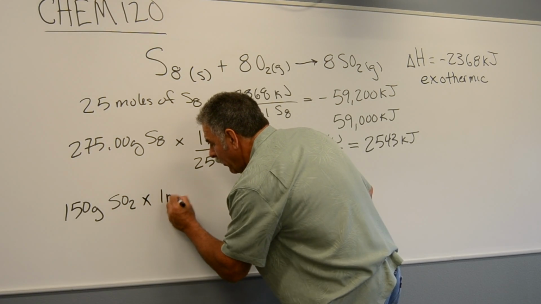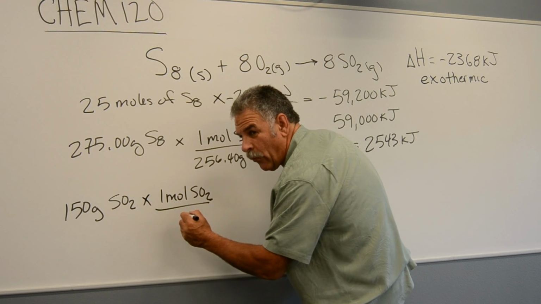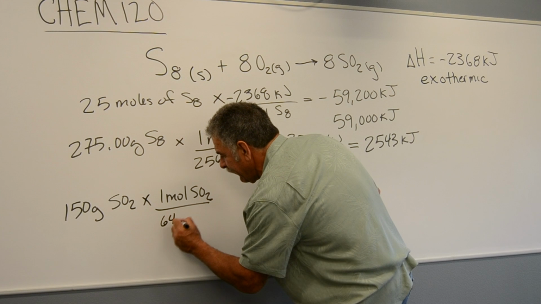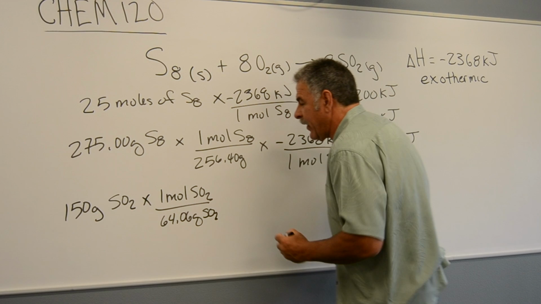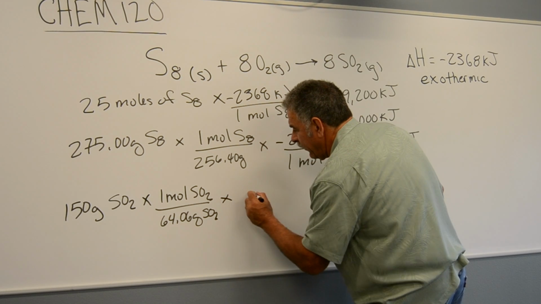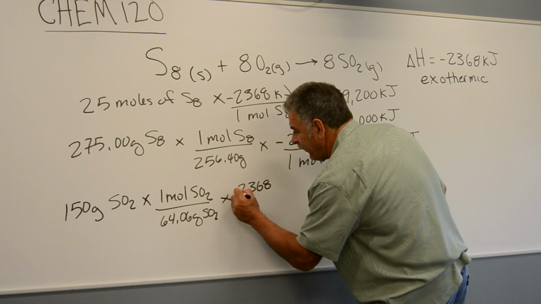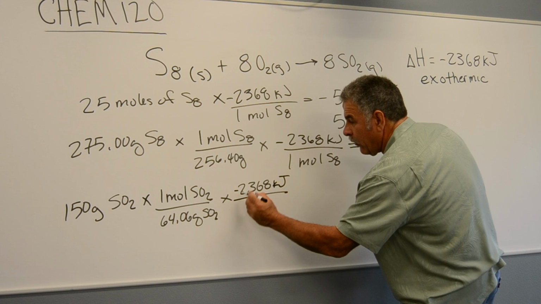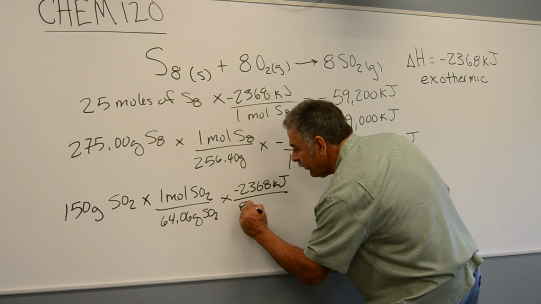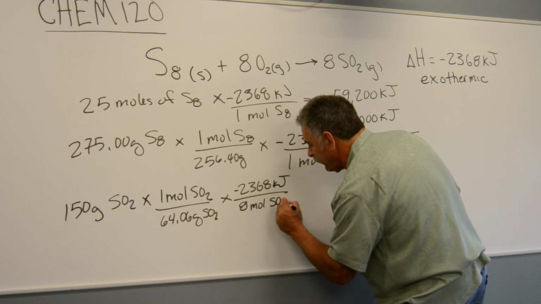So 1 mole of SO2 is 64.06 grams of SO2. And now we do the conversion factor. 2368, and remember it's exothermic, so there's a minus sign, kilojoules per 8 moles of SO2.